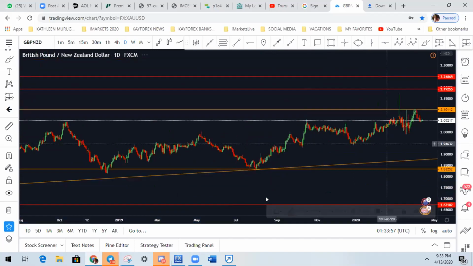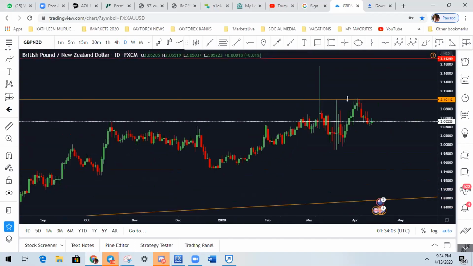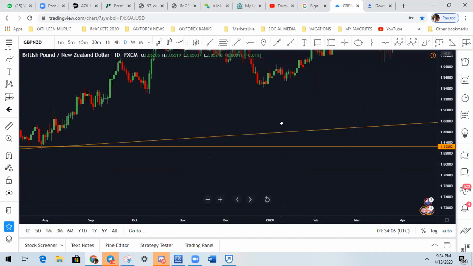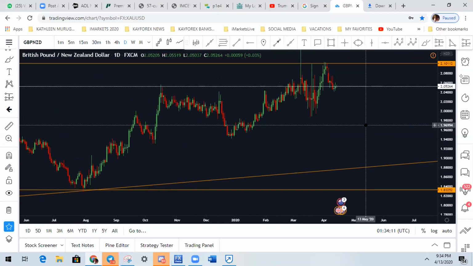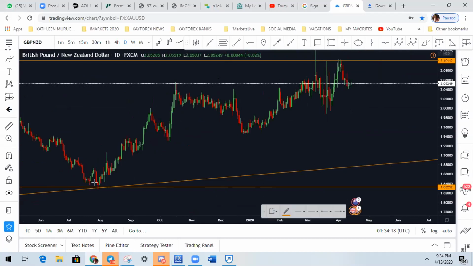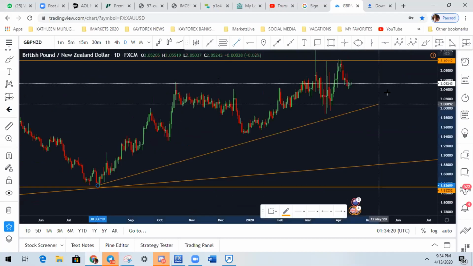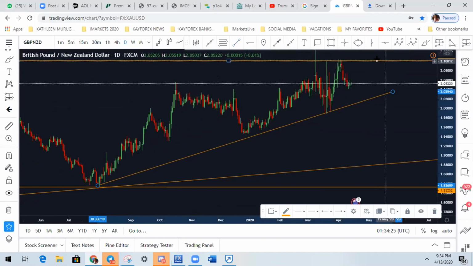So from the dailies is where we really analyze it, and we can see it's still on an uptrend. And this is the weekly high right there. So we are still watching that spot.